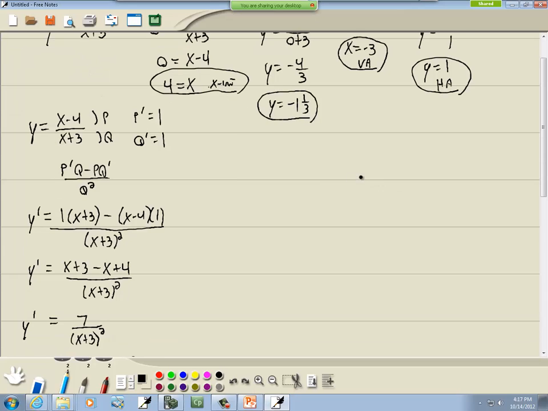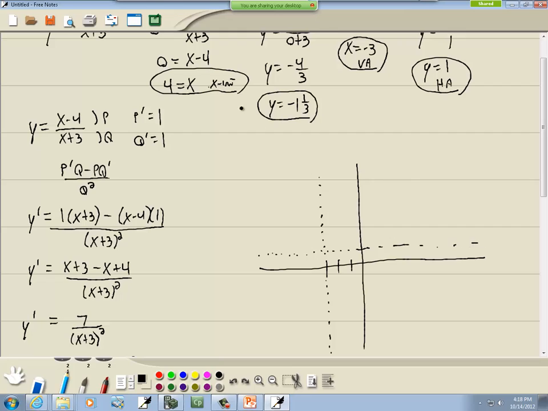Okay, well, let's take the information we found and come up with our graph. So we got a vertical asymptote at negative 3. We got a horizontal asymptote at y is equal to 1. X-intercept is at 4.